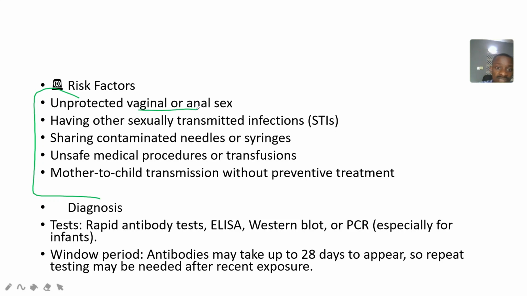If you have unprotected sex or anal sex, if you have other sexually transmitted infections, if you share contaminated needles or syringes, if you go through unsafe medical procedures or transfusions, also mother to child transmission. So they diagnose you using rapid antibody tests, ELISA, Western blot, PCR.